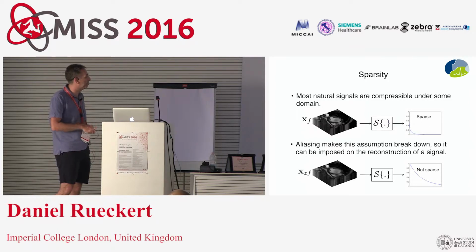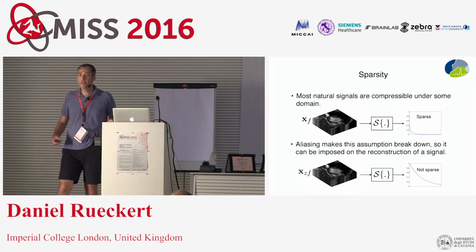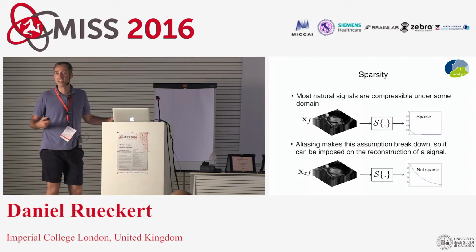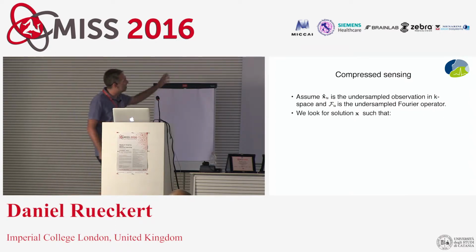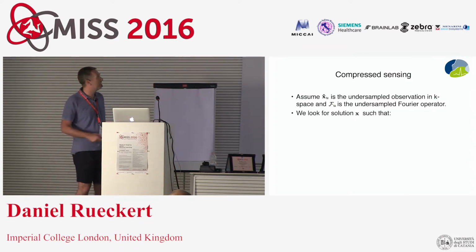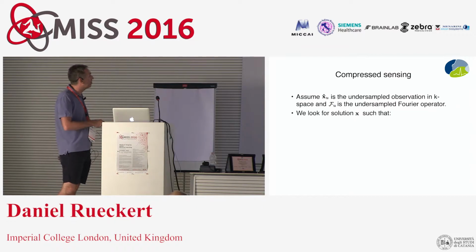this information. Now the idea of recovering this image from its undersampled corrupted version is quite old, and it's called compressed sensing. It can be formulated in a nutshell like this. I'm going to assume that I have my undersampled data in K-space, and I have my undersampled Fourier operator, and I'm trying to recover the full image or the full K-space.